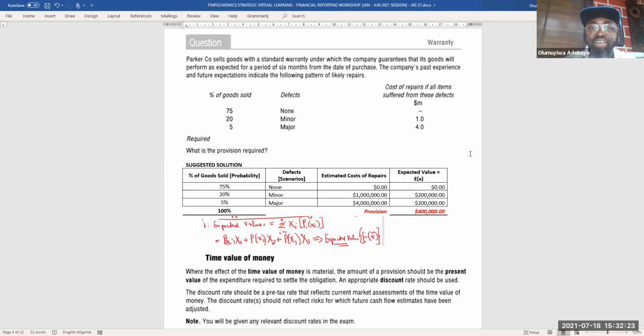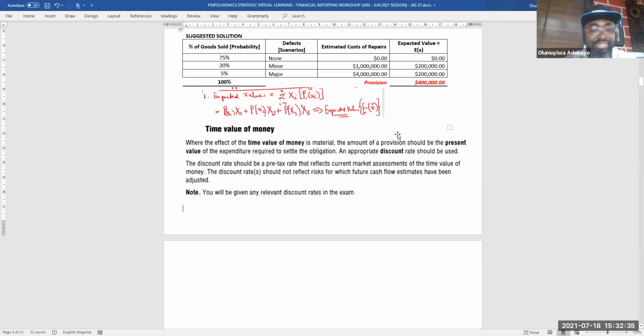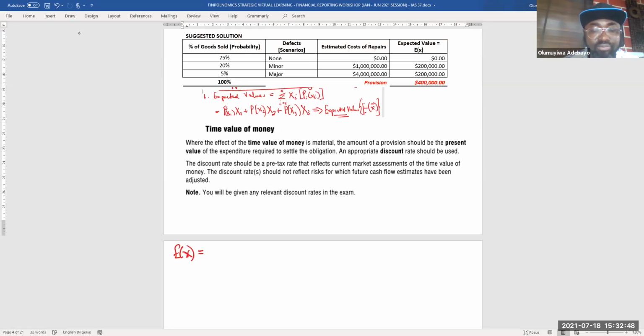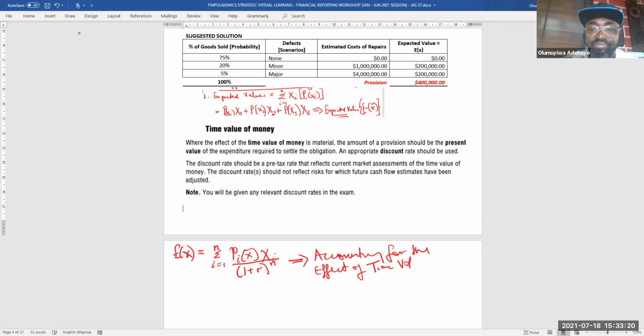Now, what that means is that if I am to more or less readjust my formula, I'll simply say my expected value will now be one plus R raised to power n, accounting for the effects of time value of money.